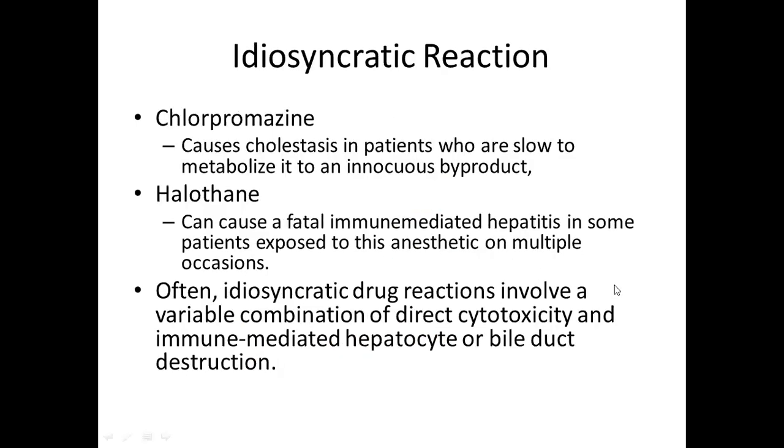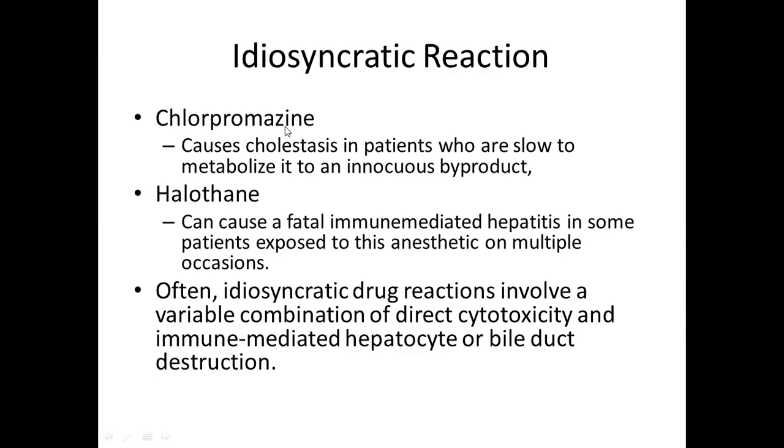Then we have different drugs which cause an idiosyncratic reaction, which is not dose dependent. Among them are chlorpromazine, halothane, and some other drugs as well. Just a sentence about these drugs. These cause cholestasis in patients who are slow to metabolize them to an innocuous byproduct.